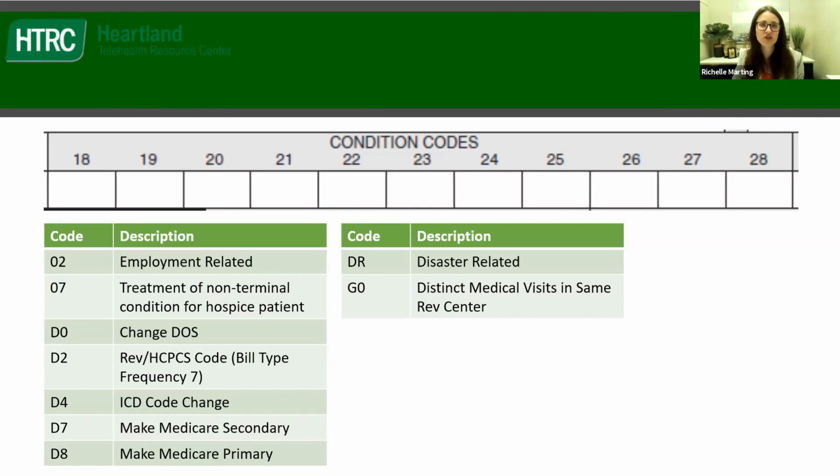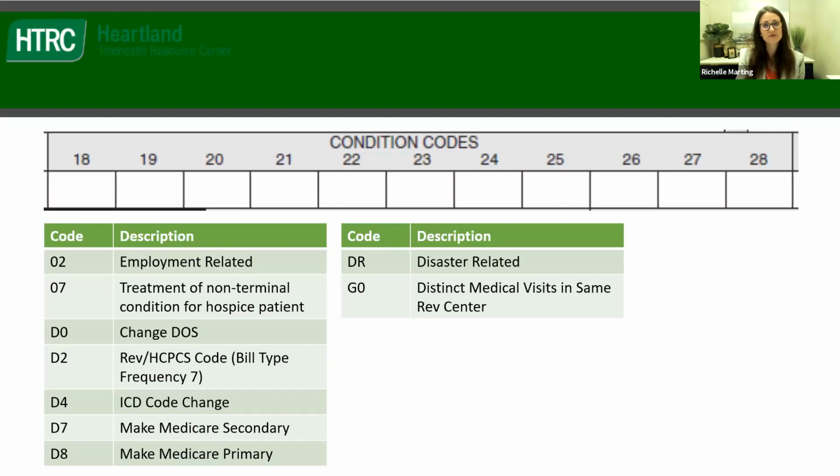If we have a patient who is under hospice care, and hospice care encompasses palliative treatment, not curative treatment, for a patient's terminal illness or disease, outside of hospice there can be separate payment if you are doing an evaluation or treatment of something not related to the patient's terminal condition.